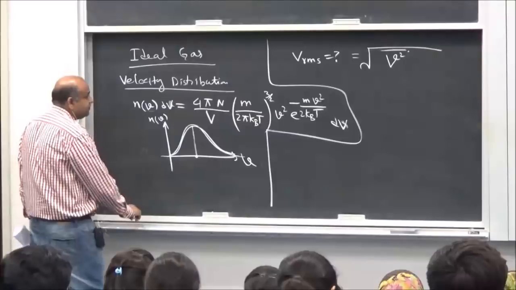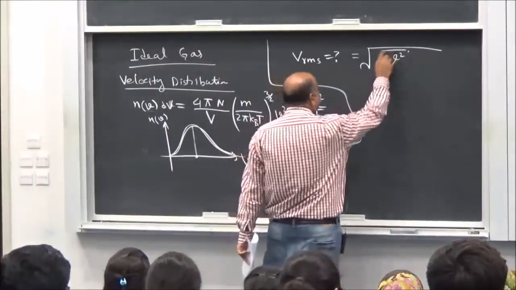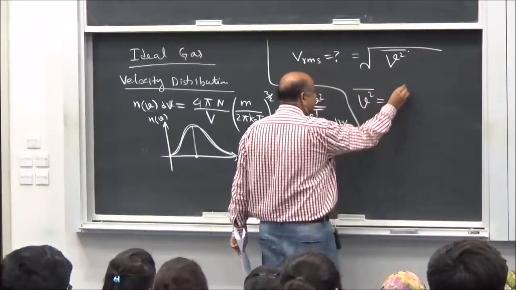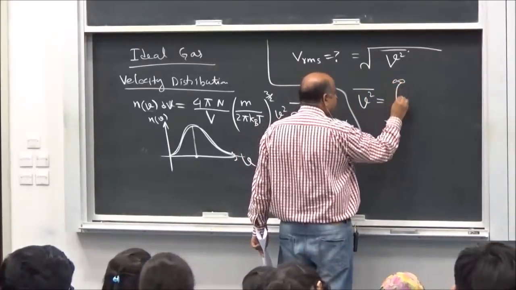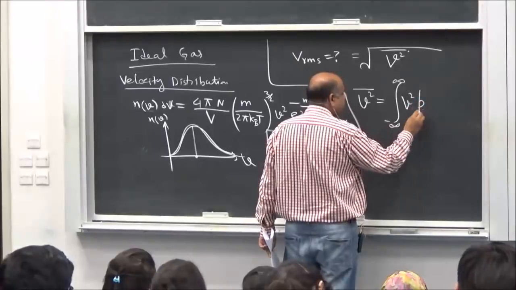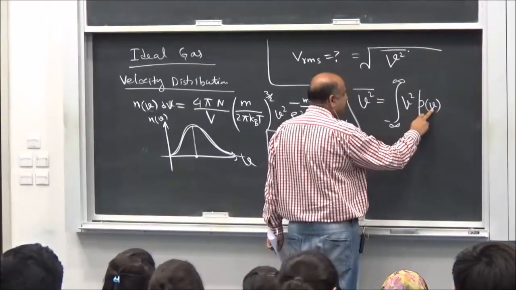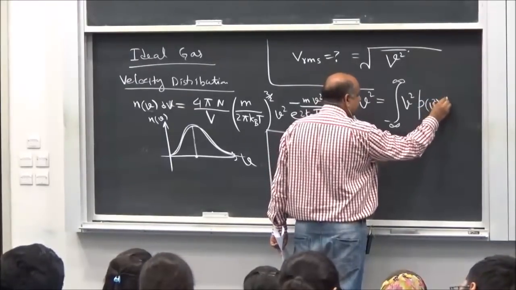So अब हमने v square की average find करनी है, तो उसका क्या तरीका होगा? v square average is equal to v square into the probability of finding particle with velocity v.